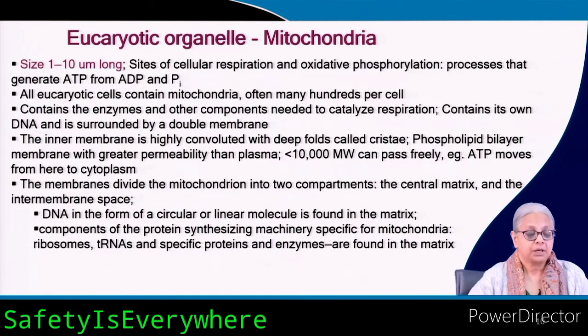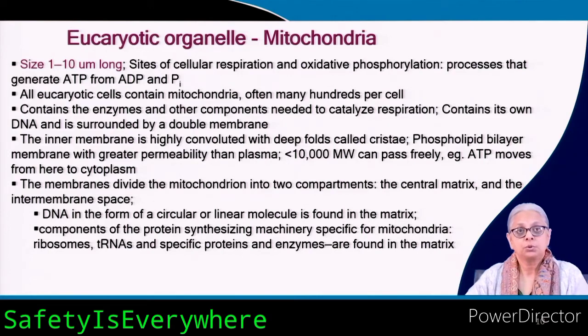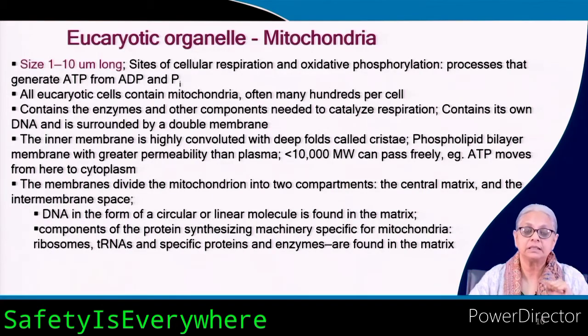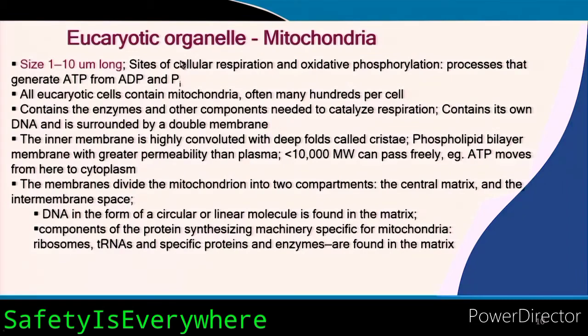The size of mitochondria is about 1 to 10 microns long. These are the sites of both cellular respiration and oxidative phosphorylation, and these are the processes. These are long words which you don't really understand at this point unless you have studied some of this, but we will be covering this in detail in module 9.